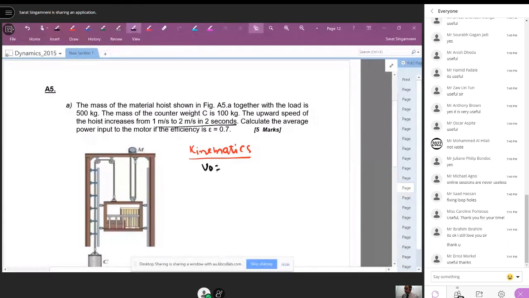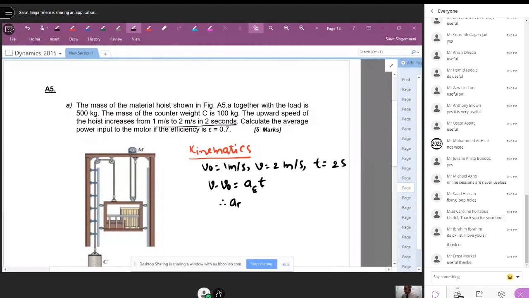V0 is 1 meter per second. V equal to 2 meters per second. t equal to 2 seconds. V minus V0 is a times t. Substitute, we get, this is a_E, the elevator.